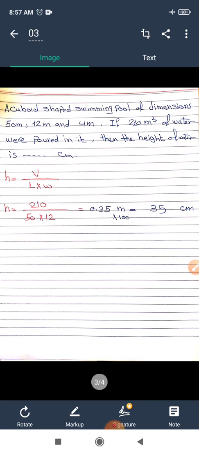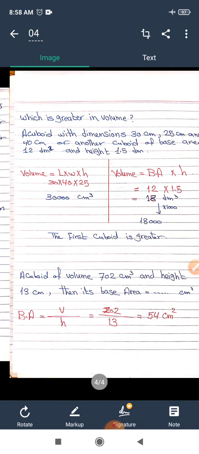Height of the water equals volume of the water divided by length times width of the swimming pool. The volume of the water is 210, the length of the pool is 50, the width of the pool is 12, so it equals 0.35 meter. To convert it into centimeters, multiply by 100, equals 35.